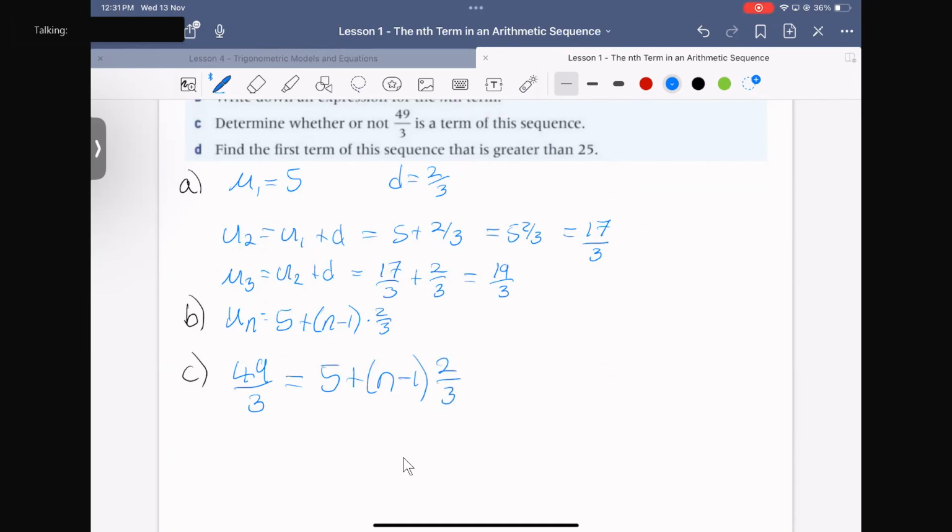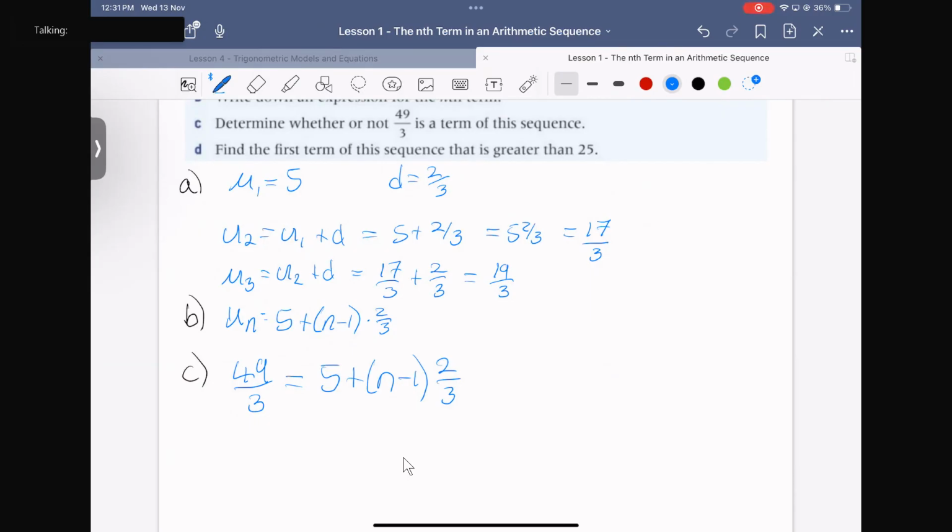Now, if the solution to this equation using nsolve is an integer, it is a term in the sequence. If it's a non-integer, it's not a term in the sequence. You have to have a whole value of n. Obviously, we can find a value for n using real numbers that will make this equation balance, but it has to be an integer value.